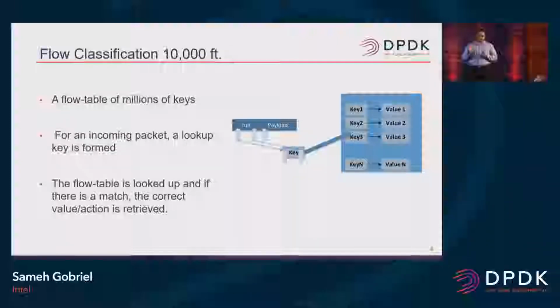You form a key, and then you do a lookup in this huge table. The lookup might return a hit or a miss. If it returns a hit, which means you do a key byte by byte comparison with the key in the table, you retrieve the action or the value, and then do your action or know where this flow should be addressed. That's very high level what is flow classification, right?